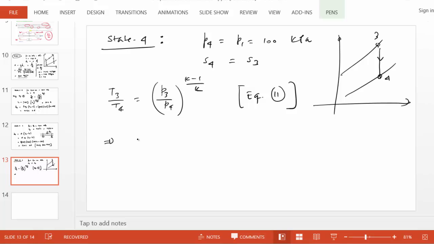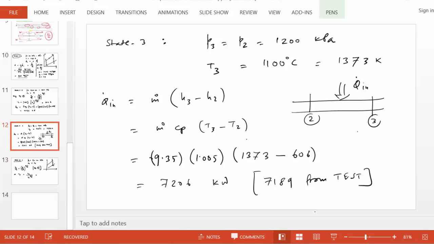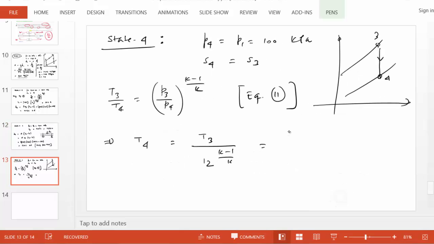So therefore T4 will be T3 divided by 12 to the K minus 1 over K. T3 is 1373.